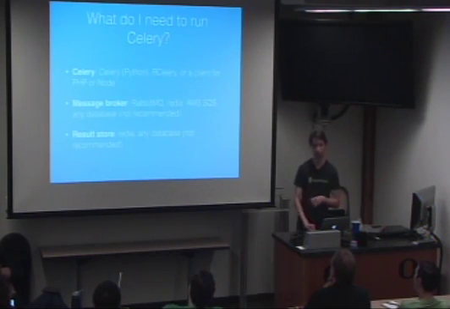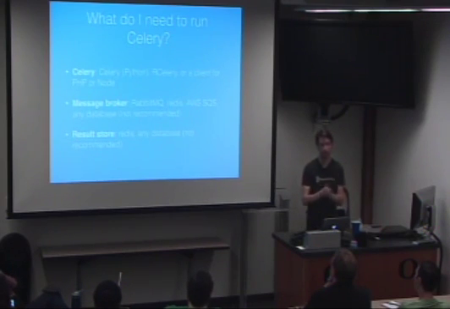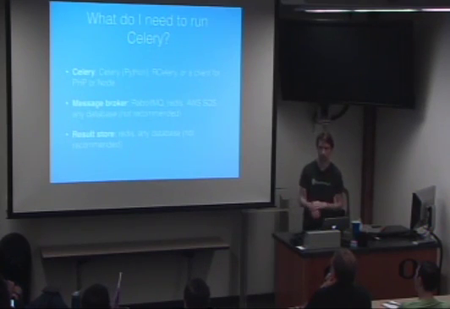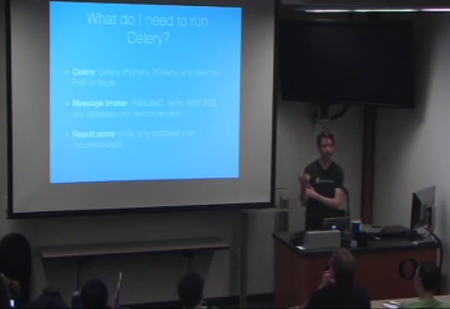In terms of terminology, what do you need to run Celery? You need the Celery package to start with. It is an original Python package, but it also is available for PHP and Ruby and all the other languages. It's pretty sweet. You need a broker system or a message broker. You need to store your task queue somewhere.